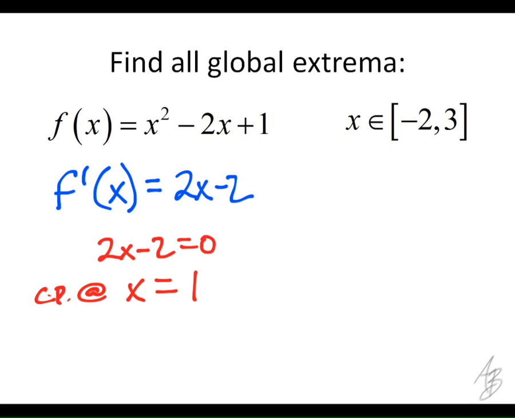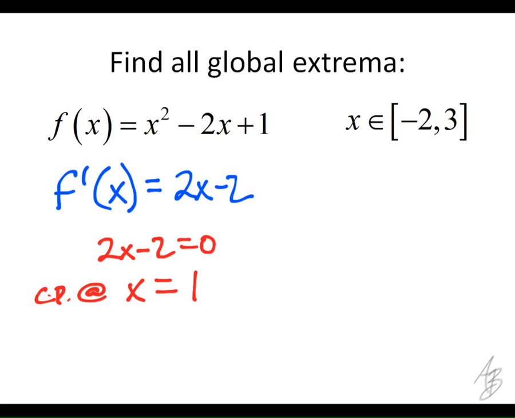I know that it's going to be because it's a parabola, and so at that point we're going to get the vertex of the parabola. But what can we do now to check to see if that's a minimum, maximum, and where else might we have minimums and maximums? The endpoints. So we're going to check the critical points, and we're going to check the endpoints and see what the value of the function is at all of those places.